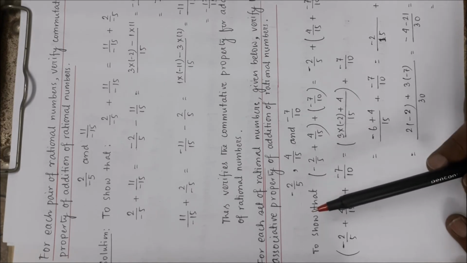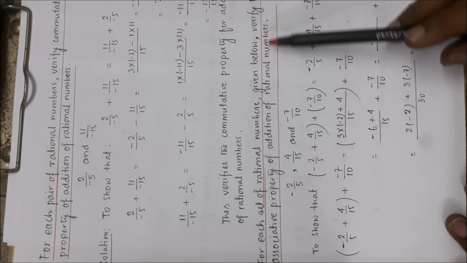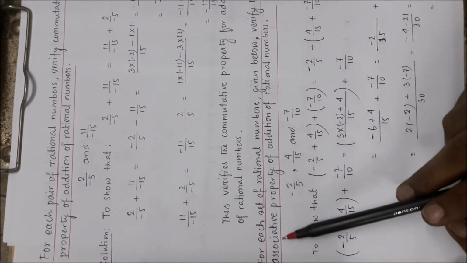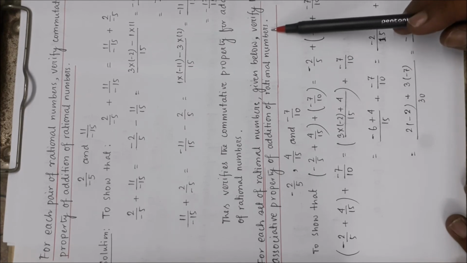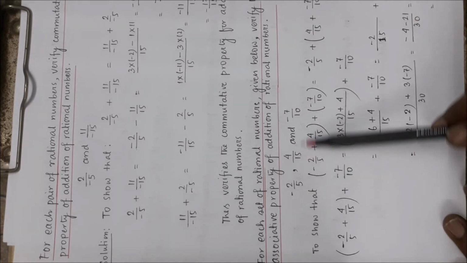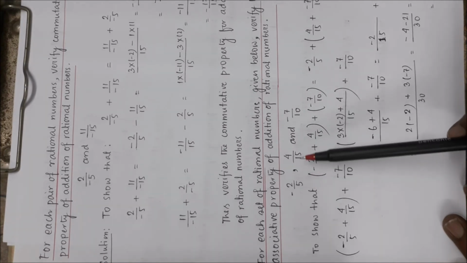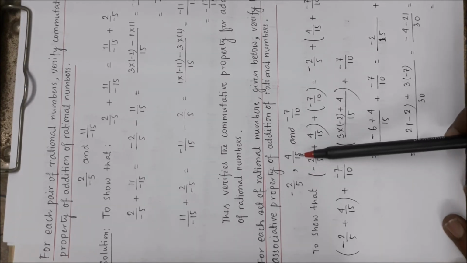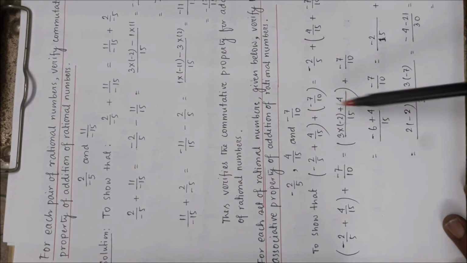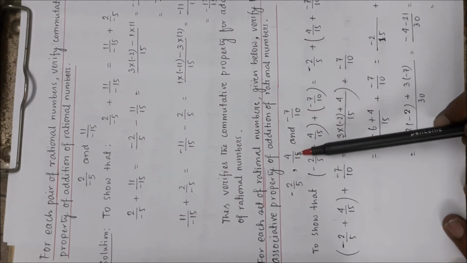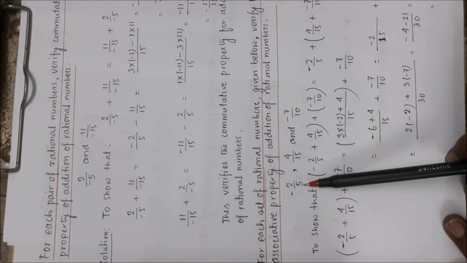Next sum is, for each set of rational numbers given below, verify the associative property of addition of rational numbers. A set of numbers are given. Associative property means if you add these two and with the result you add minus 7 by 10, the result is the same if you add these two and with the result you add minus 2 by 5.